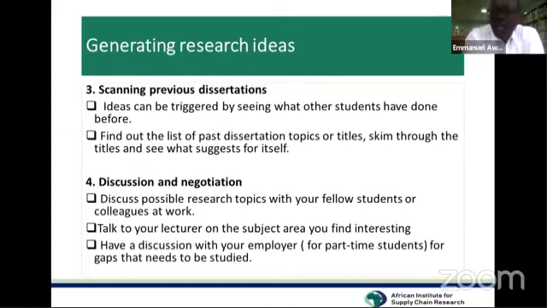Now, most universities also have a database of previous dissertations. So it may also call for you to go through some of these past dissertations, go through this list of the topics that have been covered, skim through the abstracts of some of these dissertations, especially in your areas of interest, and then just see what suggests itself, see what pops out as a result of such scanning.